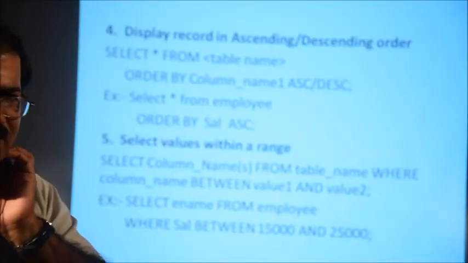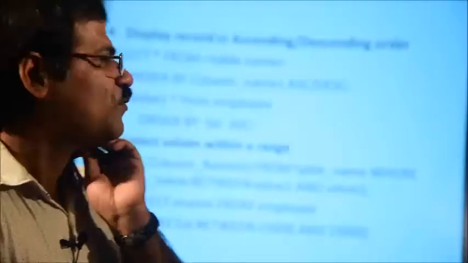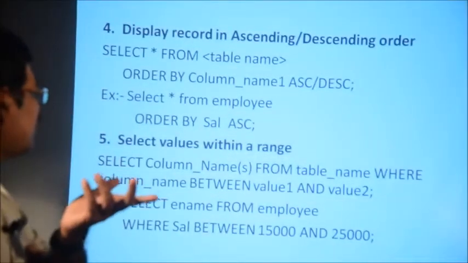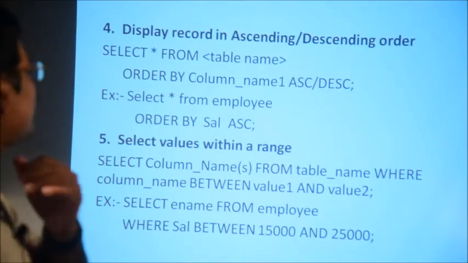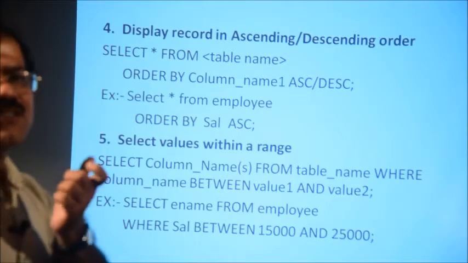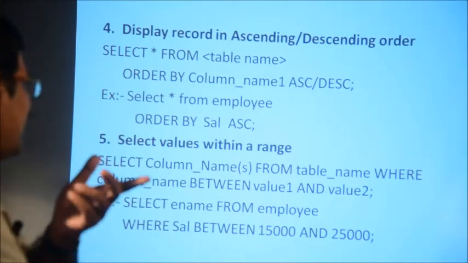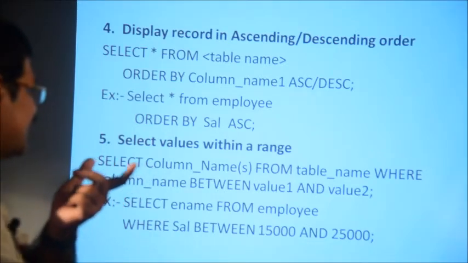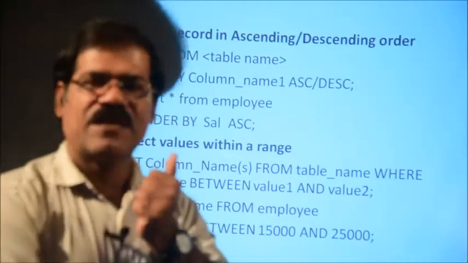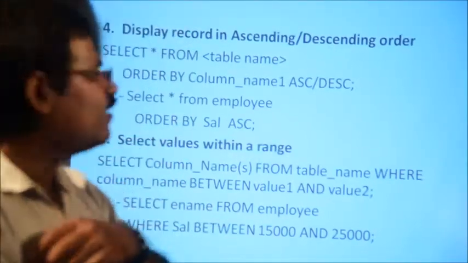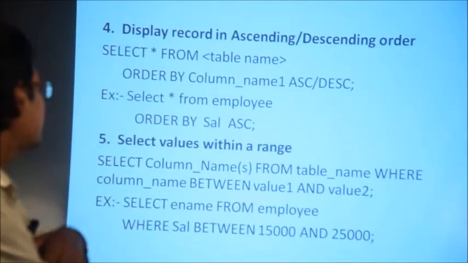According to the salary field the records will be shown in ascending order, either ascending or descending. You can sort the records either ascending or descending by using ASC and DSC, and one clause is the order by clause. By using the order by clause you can arrange the records either in ascending or descending order.